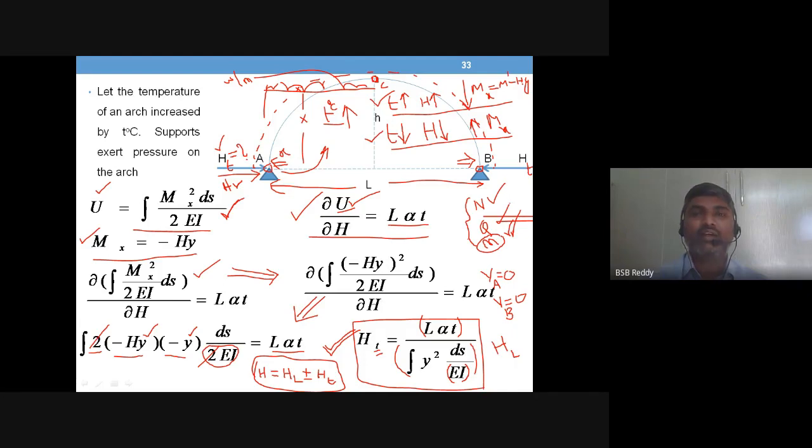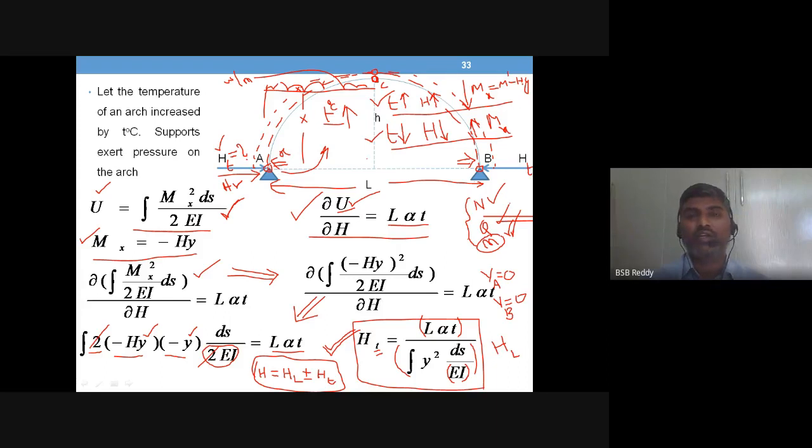So when you have an increase in temperature, the hinge is going to allow a free movement of the member. You need not now worry about the force coming on to A and B. Okay, right? So this is how the effect is going to be.